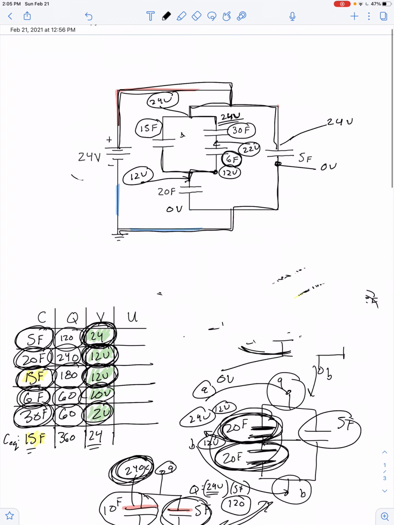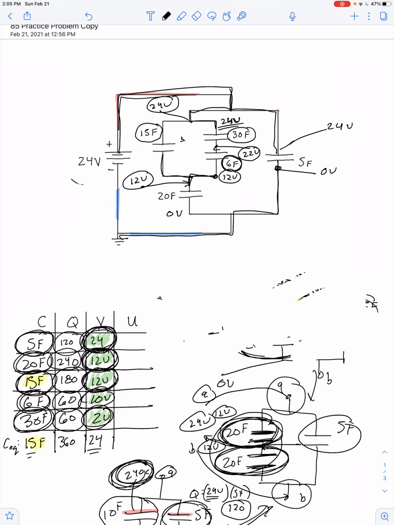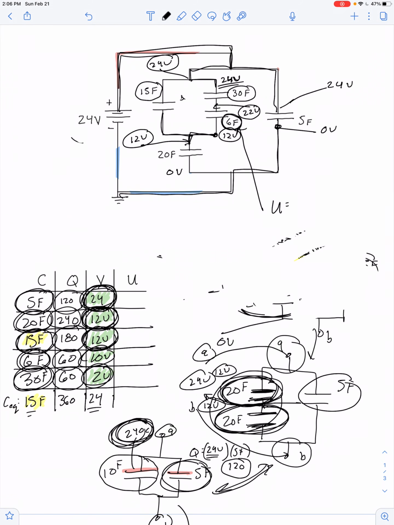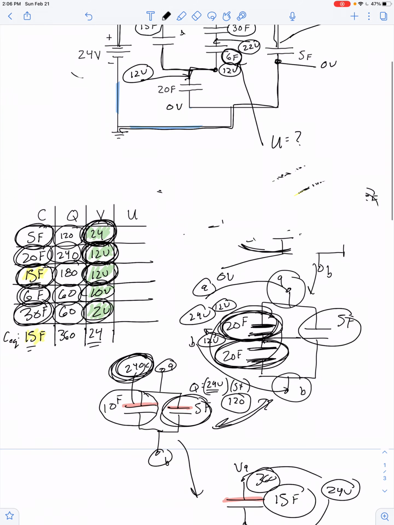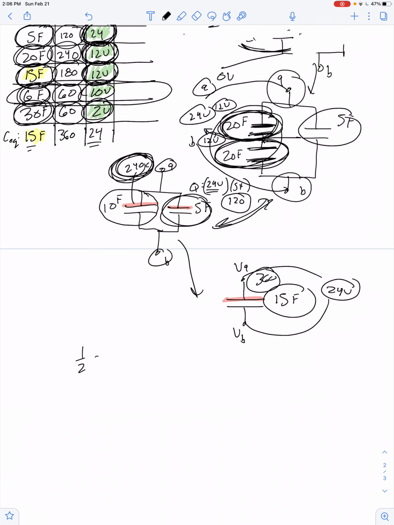Now I'm trying to remember what the original question was. I think we said how much energy is stored in the 6 farad capacitor. Okay, well, as long as we just work across the row, we can use any one of our equations. We can do 1/2 CV squared, Q squared over 2C, or 1/2 QV. So 1/2 CV squared would give us 1/2 times 6 times 10 squared.